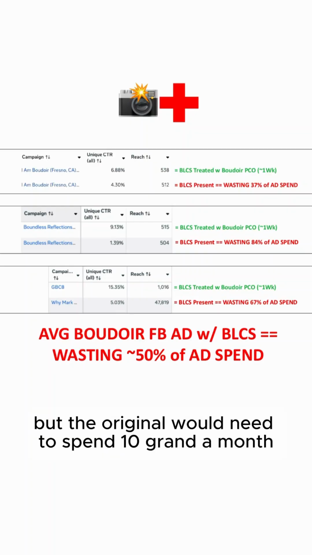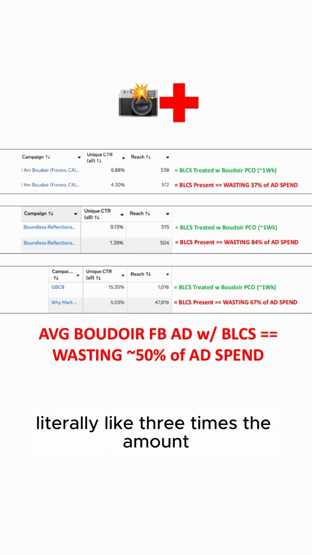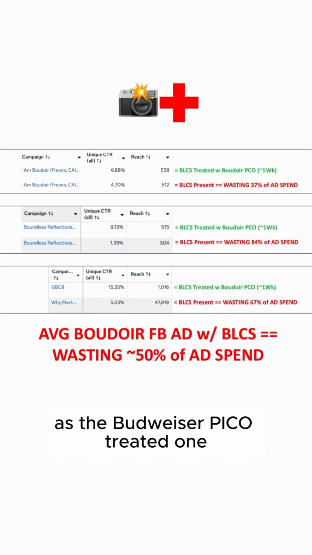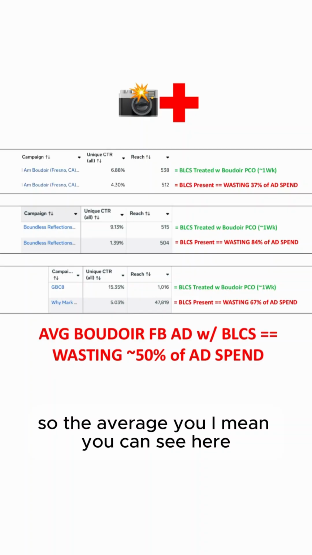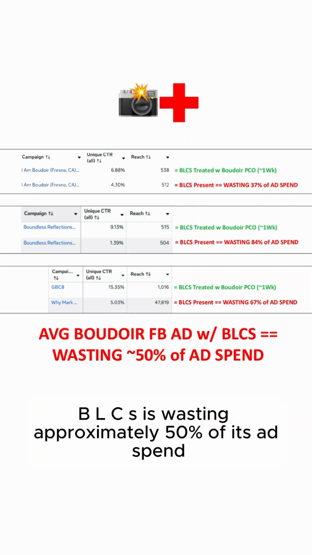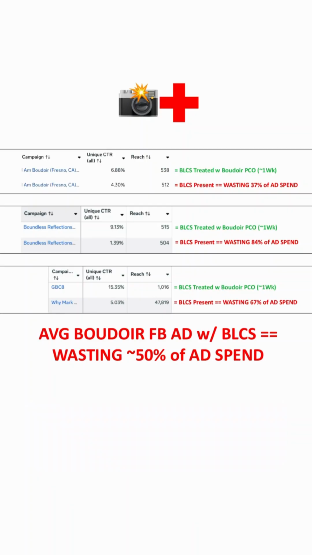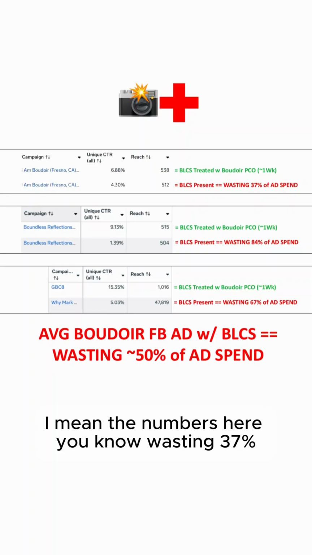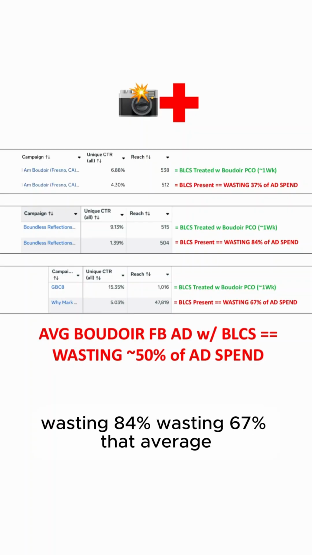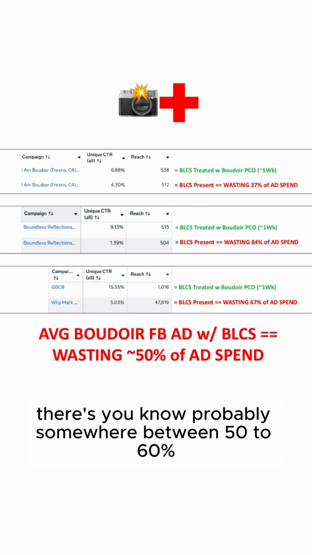But the original would need to spend 10 grand a month, literally like 3 times the amount as the Boudoir Pico treated one. So we can see here the average Boudoir Facebook ad with BLCS is wasting approximately 50% of its ad spend. The numbers here, wasting 37%, wasting 84%, wasting 67%. That average is probably somewhere between 50 to 60%.